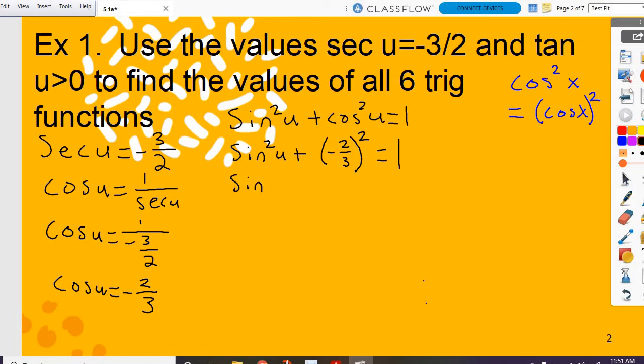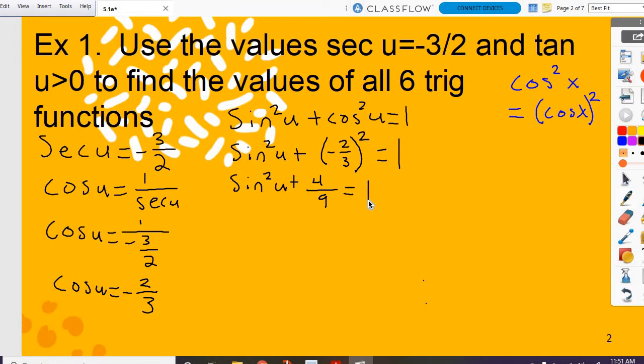Not quite, because remember I'm squaring it, so I'm multiplying it by itself. So we can square our top and our bottom separately. That's fine. So 2 squared gives us 4. 3 squared gives us 9. And then because it's a negative times a negative, it's going to be positive.